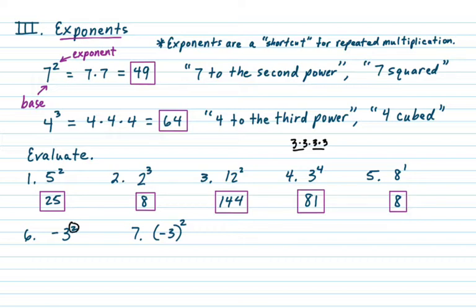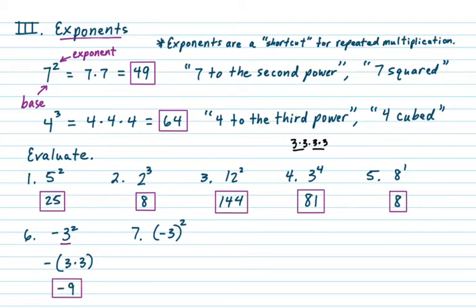The exponent here is 2, but that 2 only applies to the number or letter that it's next to unless there's parentheses. So in this case, my base is just the 3. And so I'm squaring 3, and then I'm applying the negative. So this really means 3 times 3 with a negative out front. The negative is not part of the base, and so we get -9.